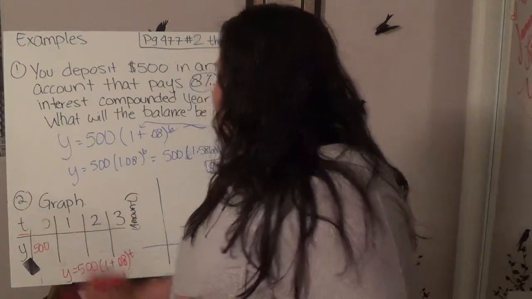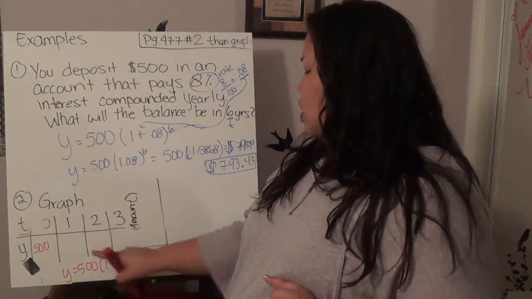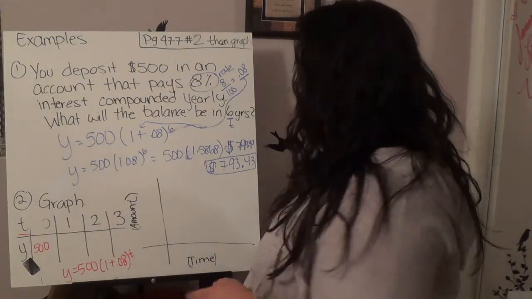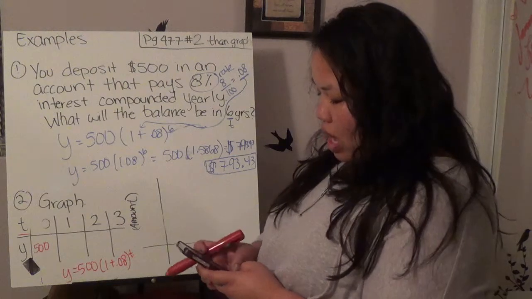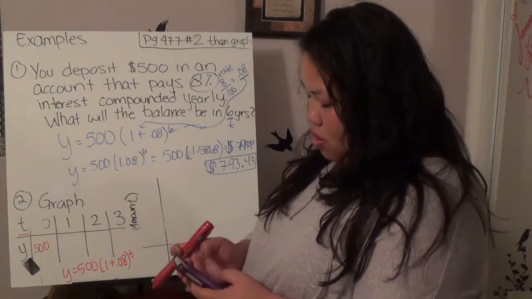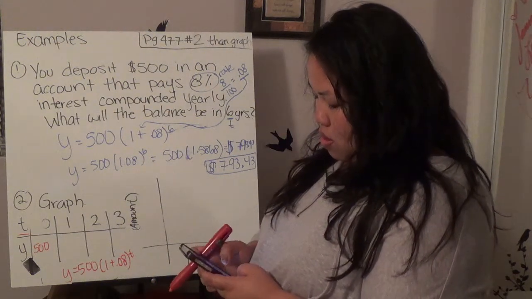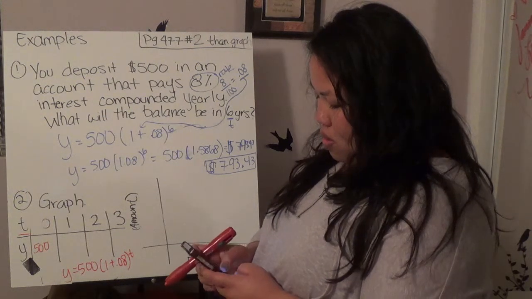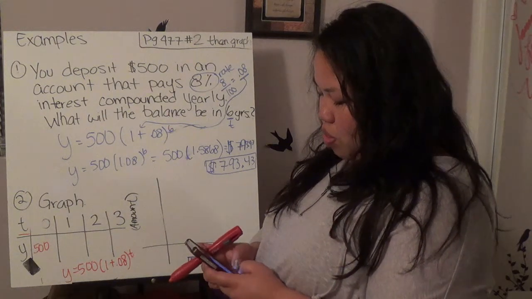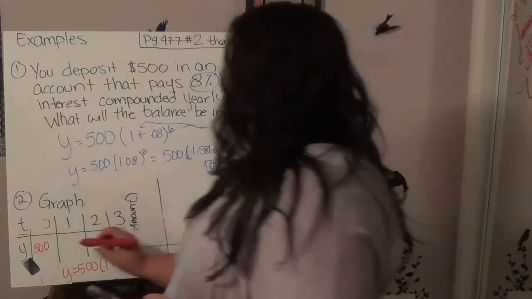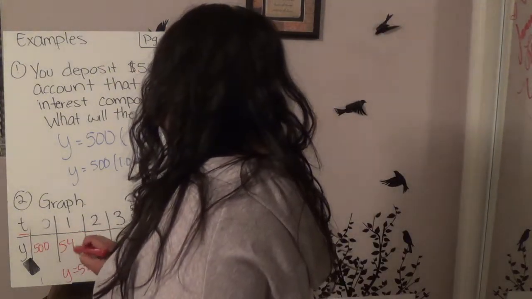This represents all my t's. Now 0 is there. Then for 1, it's 500 times 1.08, which would be 540, like we had predicted.